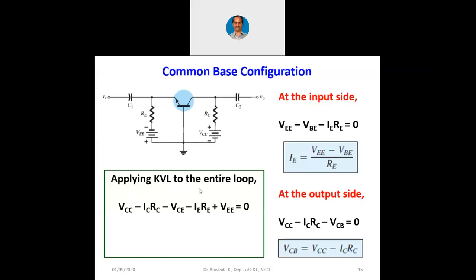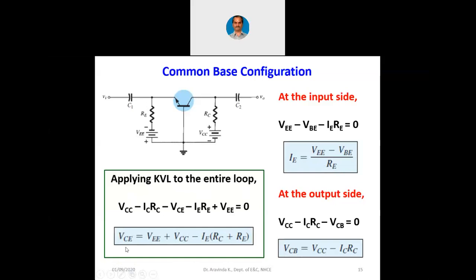Applying KVL to the entire loop, I showed you that through the annotation, VCC minus IC RC minus VCE minus IE RE plus VEE equals 0. Remember the notation which we used? Now based on this, we can have an expression for VCE itself. We had an expression for IE, we had an expression for VCB, now we can have an expression for VCE.